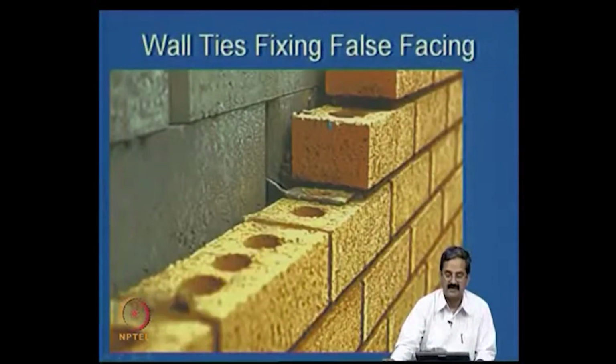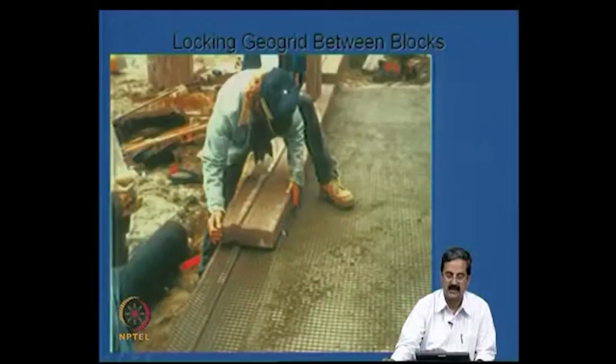Wall ties, fixing false facing. You can have false facing also. This may be an actually required facing, or this can be a nice facing, whichever you want. Like people have false roofing. Locking geogrid between blocks, this is one type.